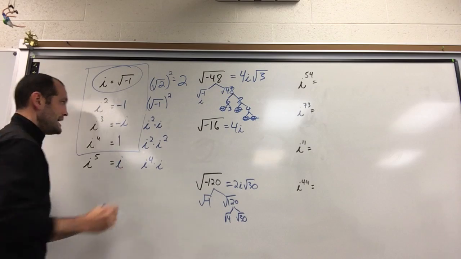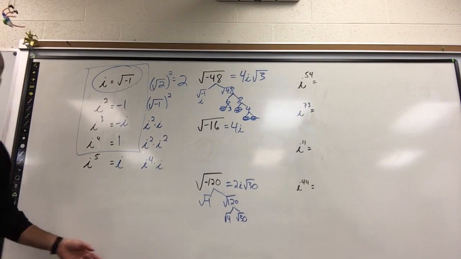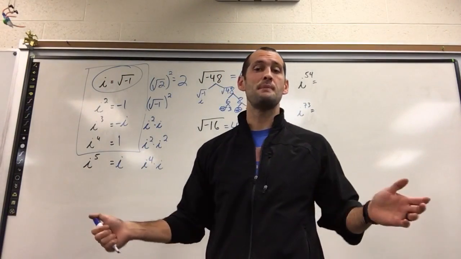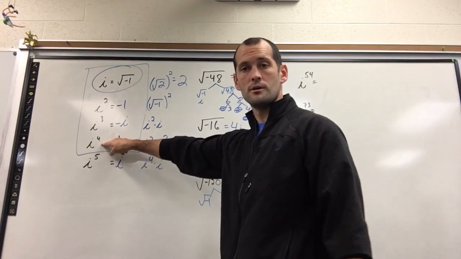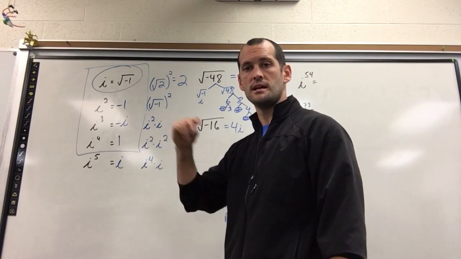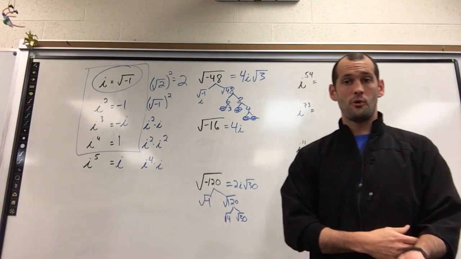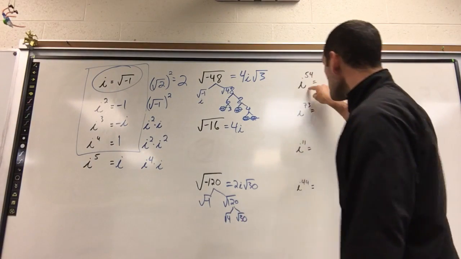I. And you'll notice now my cycle is about to repeat. So that's good news. There's the pattern that we're going to use to apply to evaluating any power of I. Every fourth power resets, resets, resets. So if I can find the nearest power of 4, my life's really, really easy. Let me show you what I mean.